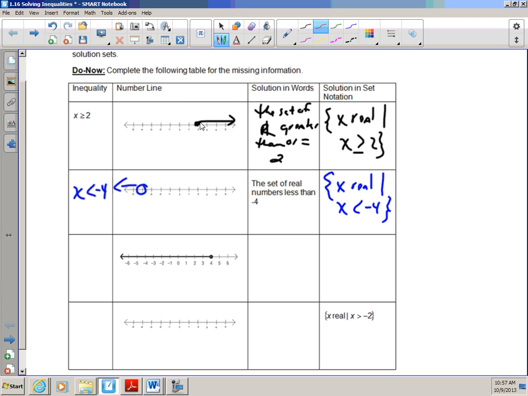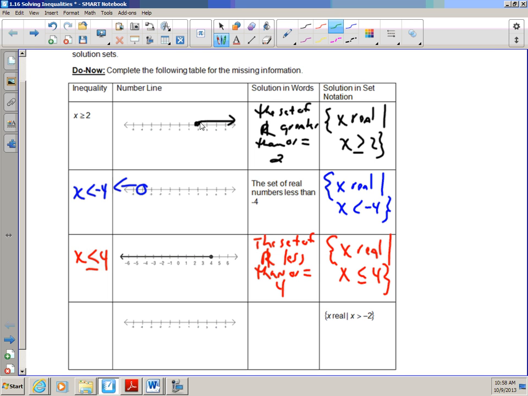Next one, we see that x going to the left is less than, filled in circle, equal to 4, the set of real numbers less than or equal to 4. And then again, x is real and x is less than or equal to 4.